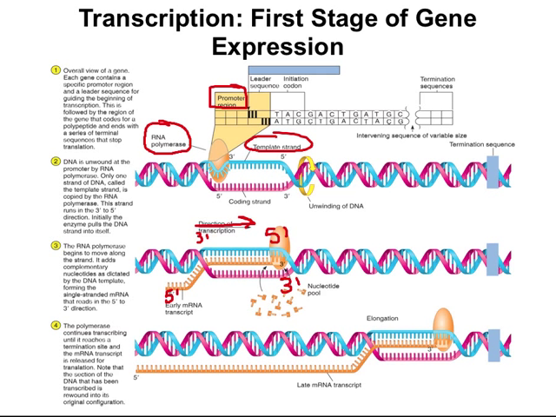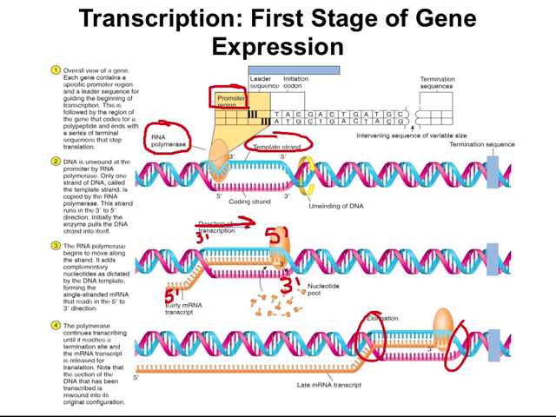So during elongation, we're simply adding RNA nucleotides to this messenger RNA transcript. The polymerase will continue moving along, unwinding DNA as it goes and rewinding it behind itself. As you can see here, growing the new messenger RNA strand.